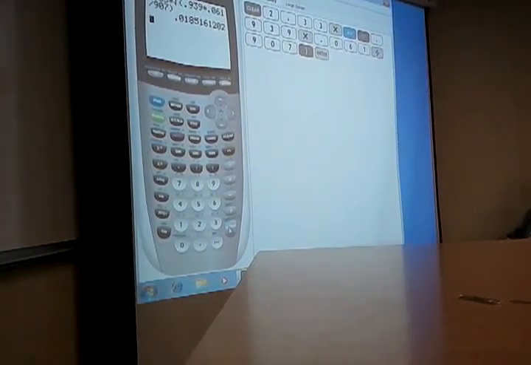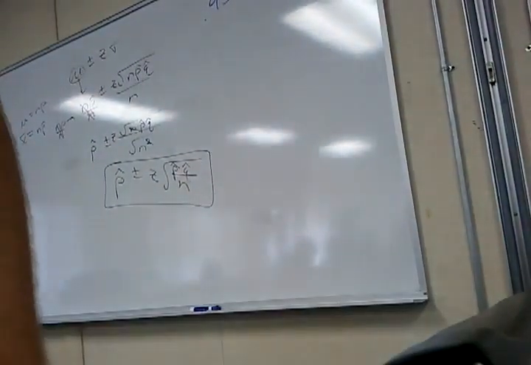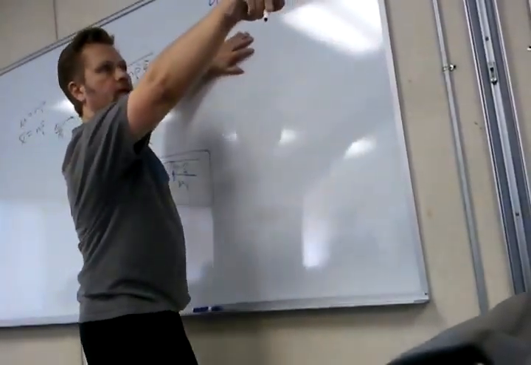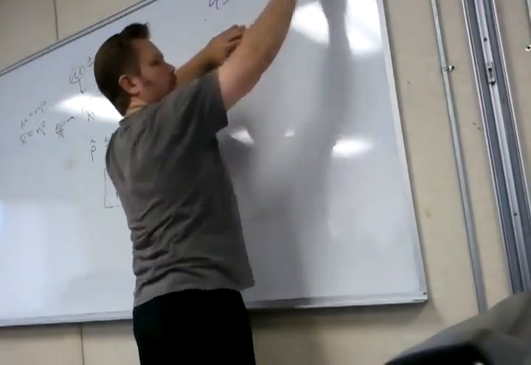Let's see. So I get 0.939, give or take 0.019, right?